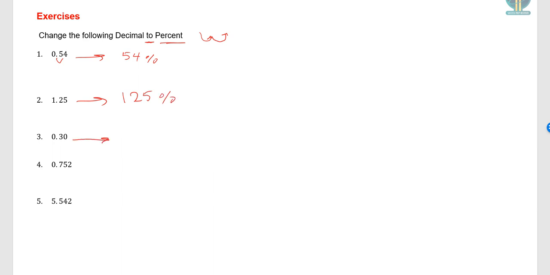Okay. 0.30 is 30%. 0.752 is 75.2%. Okay. 5.542, you move it 2, so it's 554.2%. Okay.